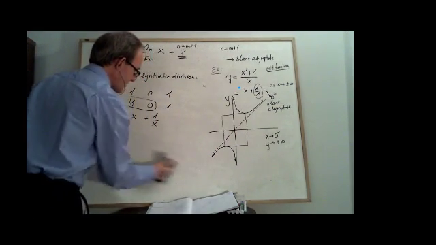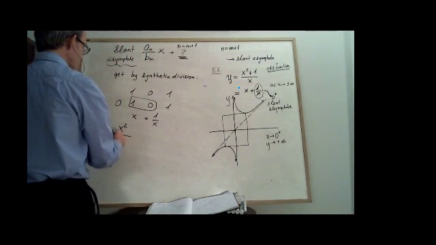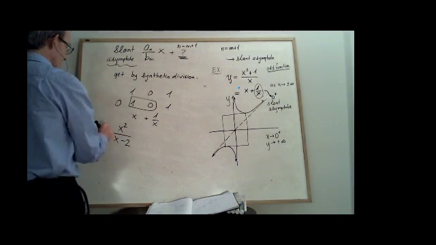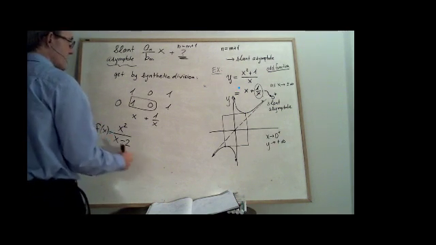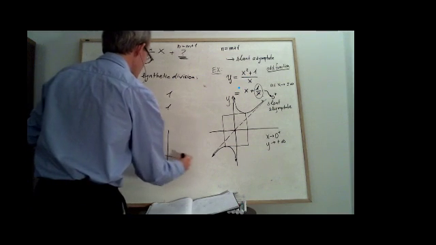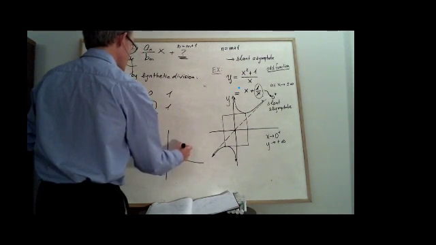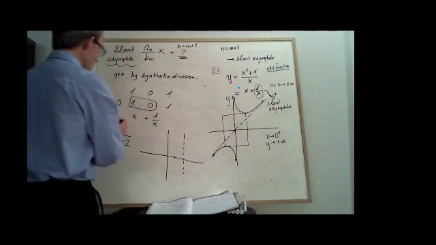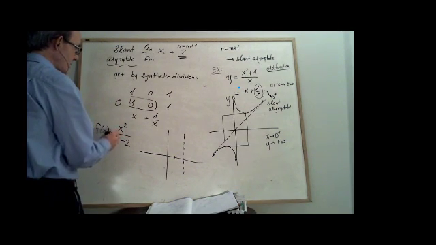But you might have situations like this, x squared over x minus 2. Then you have a vertical asymptote now at x equals plus 2 like this. And you're obviously going to have a slant asymptote because the numerator has a degree 1 greater than the degree of the denominator.